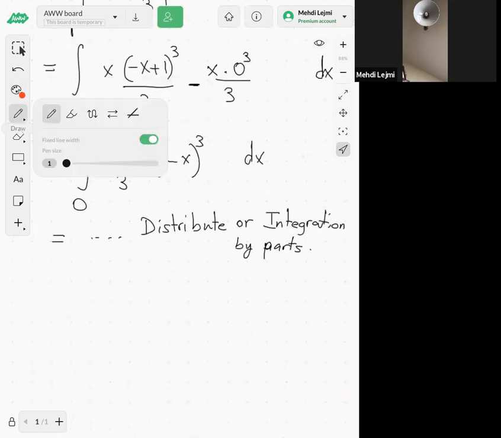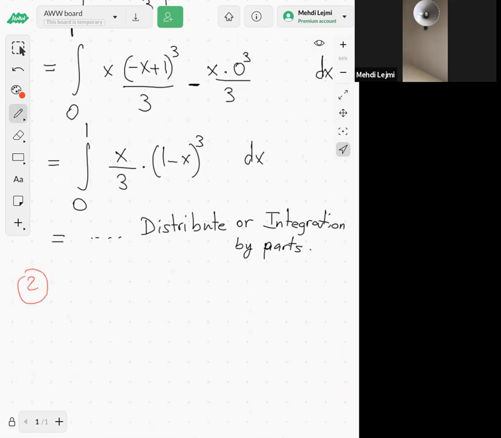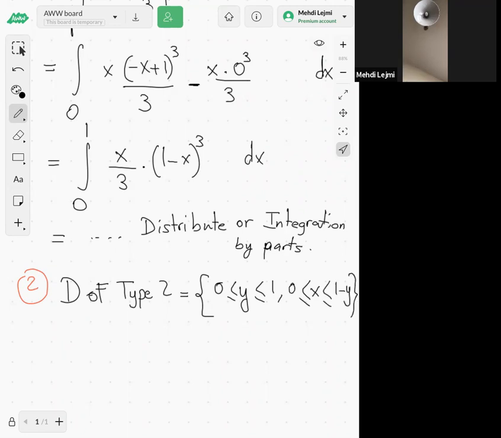Then D can be described as the set of points xy where y is between 0 and 1, and x is between 0 and 1 minus y. All right. So then our double integral of xy squared over D.